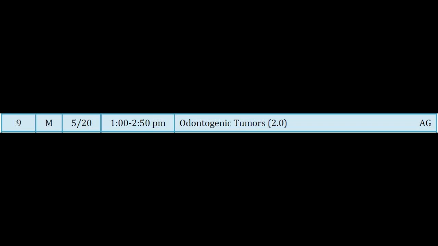Again, as I said, it's a very aggressive tumor, unfortunately, even though it's benign. This tumor is considered the most common odontogenic tumor. If you don't consider odontoma as a tumor and you consider odontomas as a hamartoma, then ameloblastoma would be the most common out of all the odontogenic tumors.